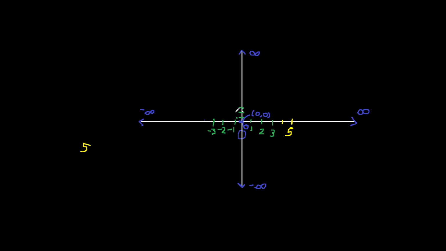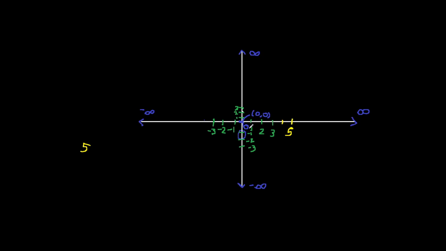And if we were going down, we would go -1, -2, -3. So we can use this framework of two number lines intersecting at 0 to start to add data.